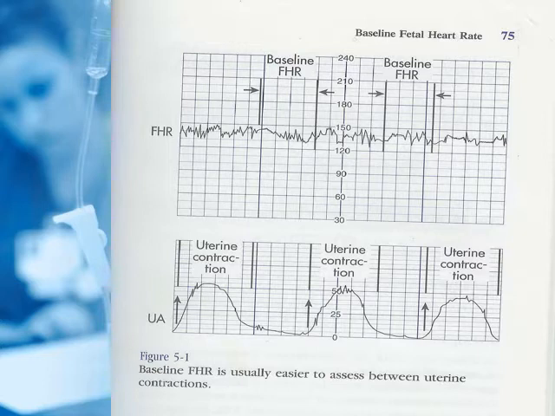So looking at this, baseline heart rate is usually easier to assess between uterine contractions. Heart rates are going to maybe have a reaction to the uterine contraction, so the best thing is to look in between them to see what it's doing without being stressed. This heart rate is hovering at about this line, right? What number does that line seem to be to you?